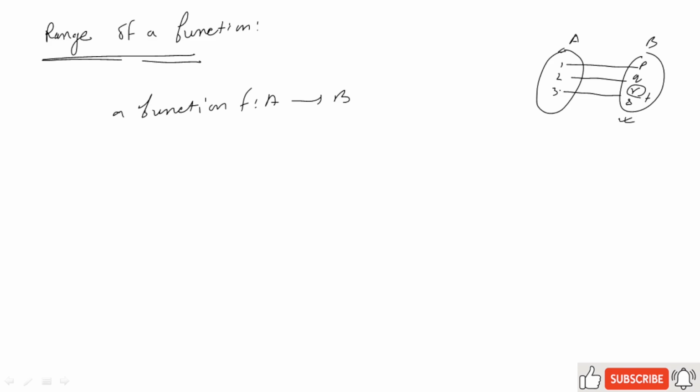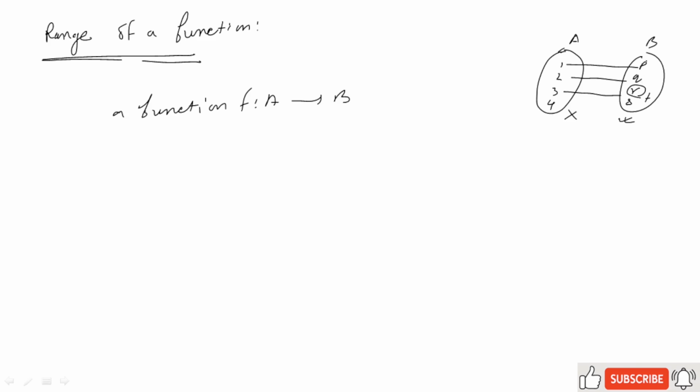But if there is an element remaining which has no f image in set B, let us suppose this 4 is not related with any element, then this does not become a function, because the definition says that each element of A is related with a unique element of B, so we cannot leave any element in set A unrelated.